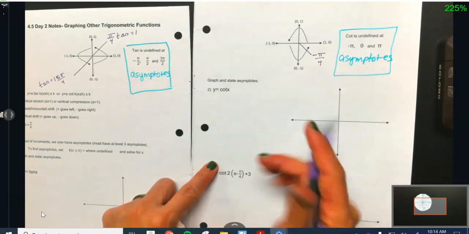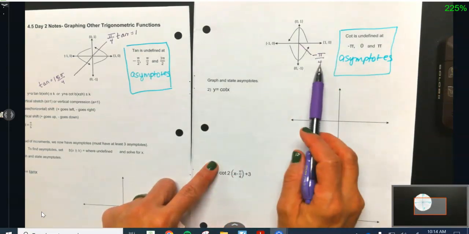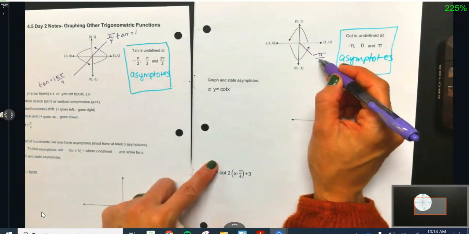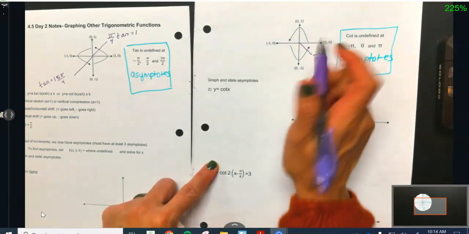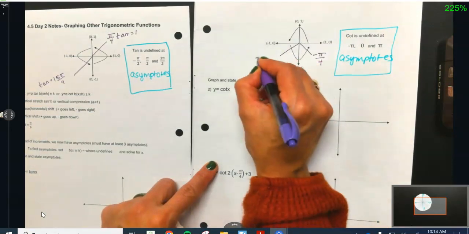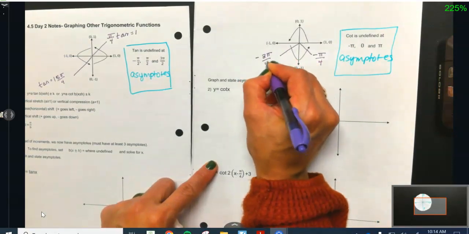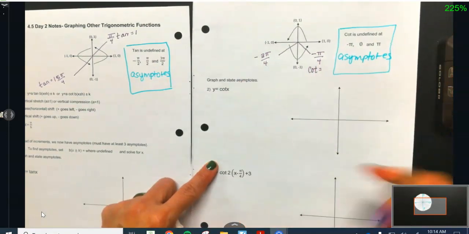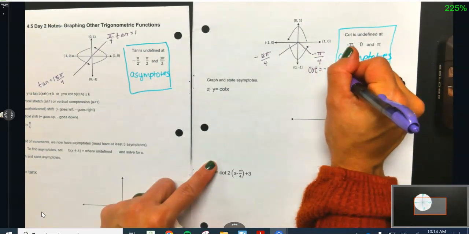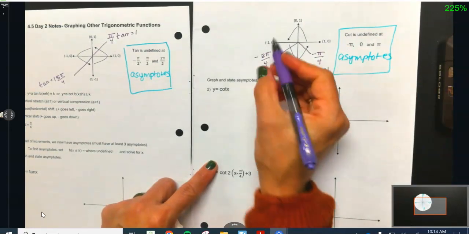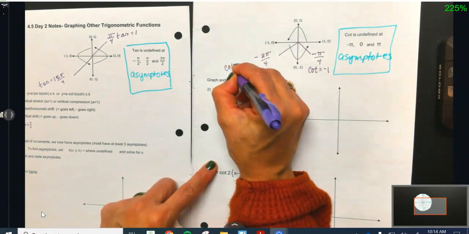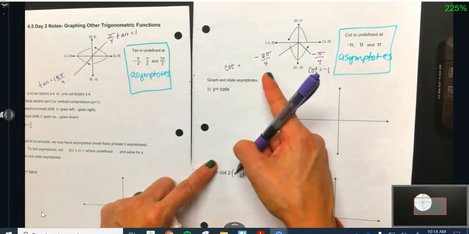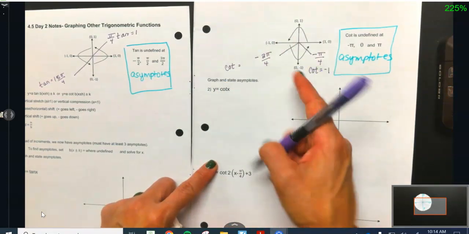It's a 1, but think about the x and y coordinate. What kind of 1 is it? It's negative. So that's negative pi over 4, negative 2 pi over 4, here's negative 3 pi over 4. So over here, cotangent equals negative 1. Over here, cotangent equals, what does it equal, y'all? Positive 1, yeah. All students take calculus.